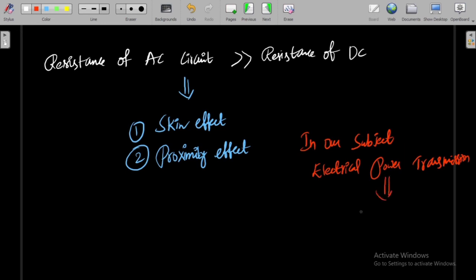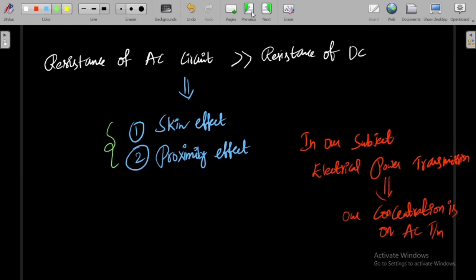Our concentration is only on AC transmission, we don't bother about DC transmission. That is the reason why we are studying the skin effect and proximity effect here. So the resistance of an AC circuit is greater than the resistance of a DC circuit because of skin effect and proximity effect.